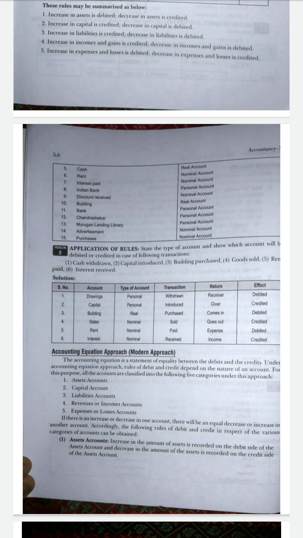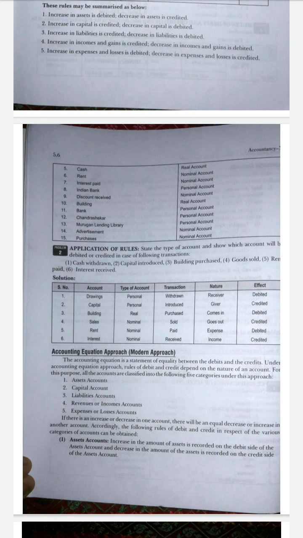It's very easy. Okay, the next one is accounting equation approach. We already studied the modern approach, which classifies all accounts into 5 categories: assets account, capital account, liabilities account, revenue or income account, and expenses or losses account.